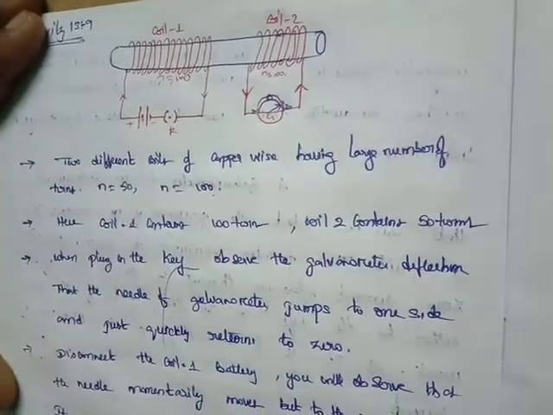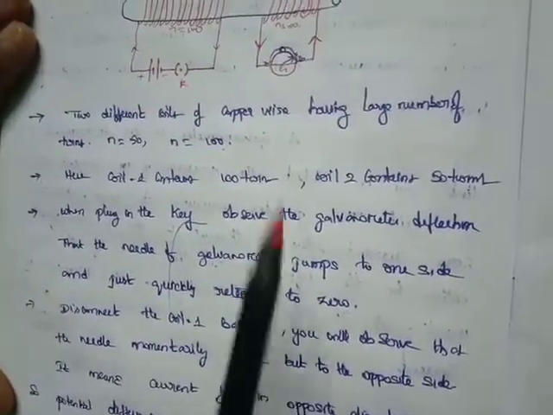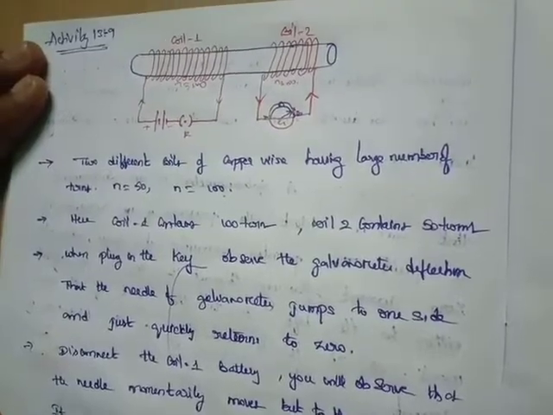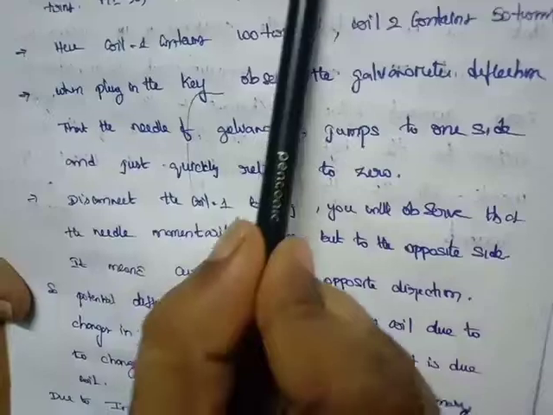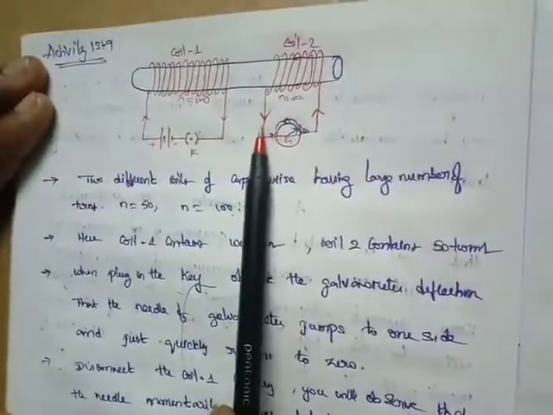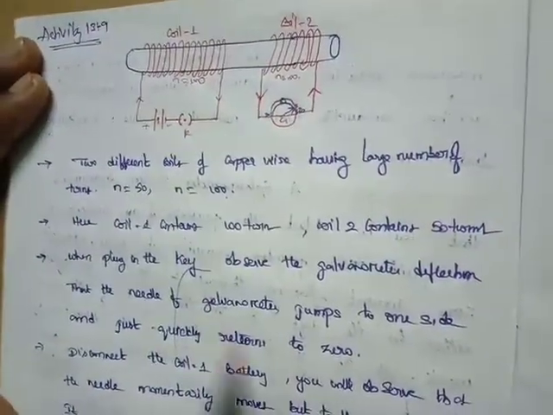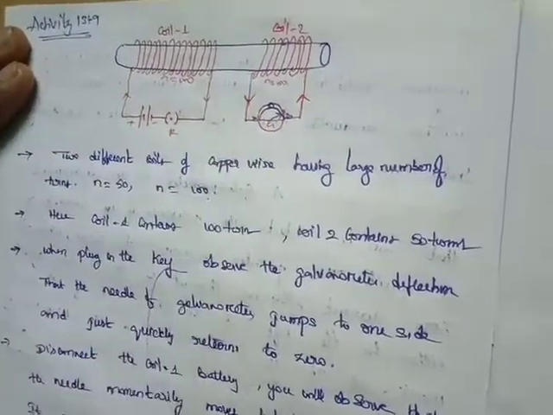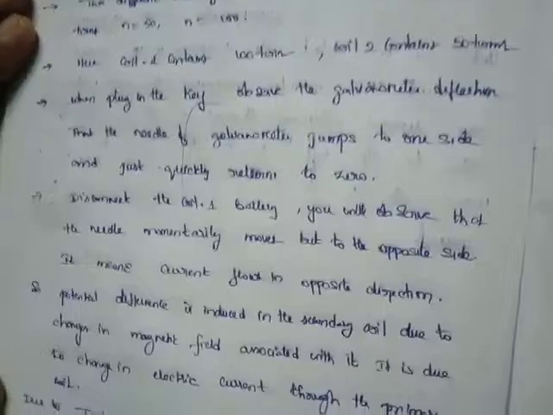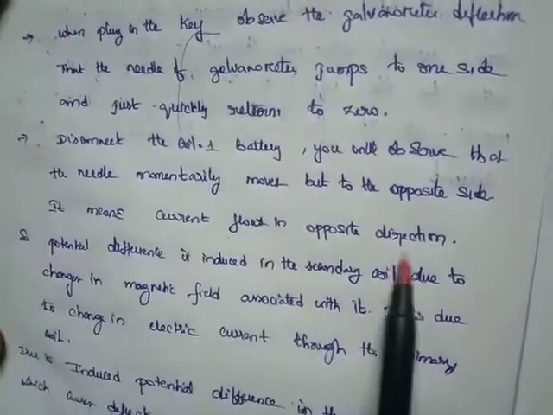Now disconnect the battery from coil 1. You will observe the needle momentarily moves, but to the opposite side. When the battery is disconnected, the needle goes to the left-hand side. Because the current flows in the opposite direction.